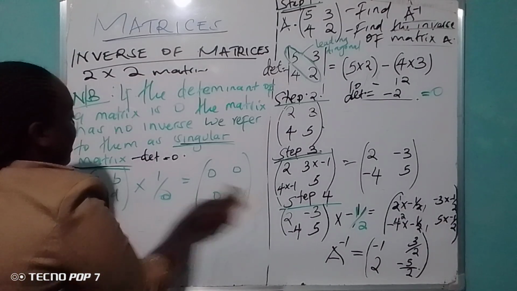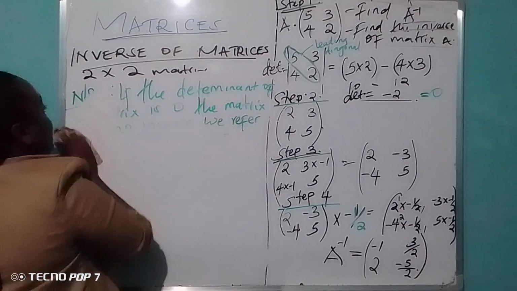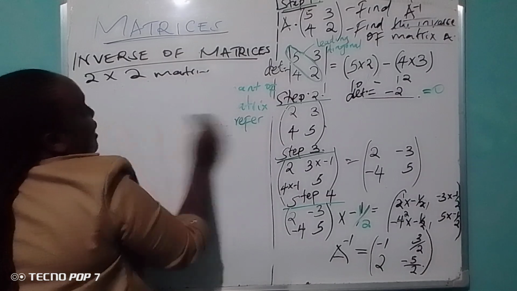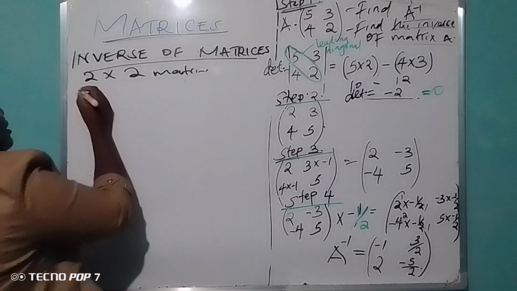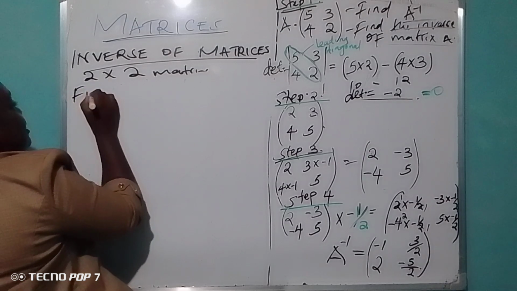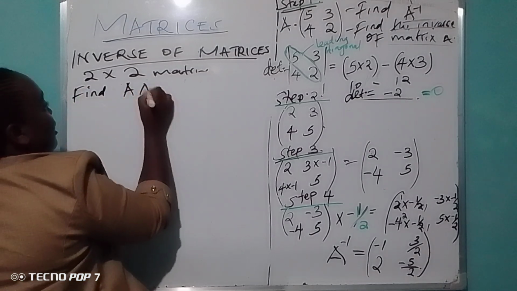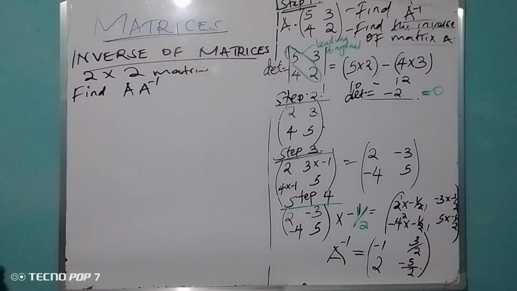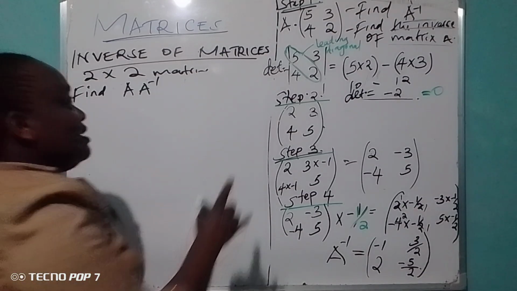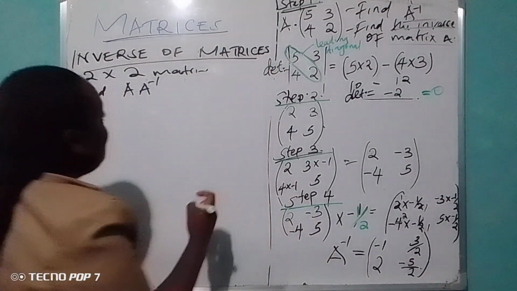So here we want to multiply, find A times A inverse. Multiply matrix A times its inverse.